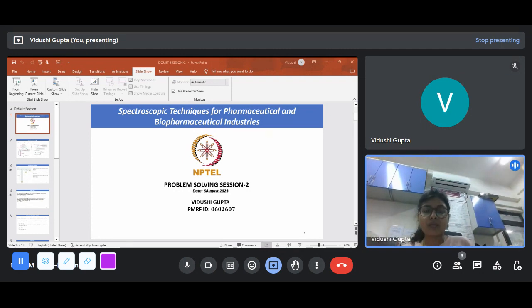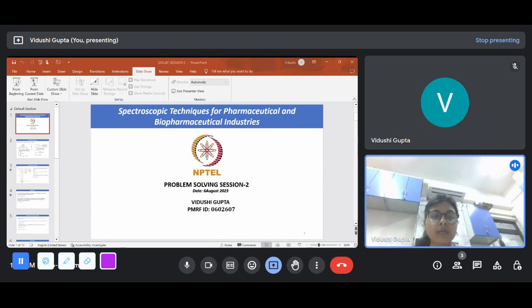For the ground state the value of n is 1. So it will be minus 13.6 electron volt. So the correct answer will be minus 13.6 electron volt.